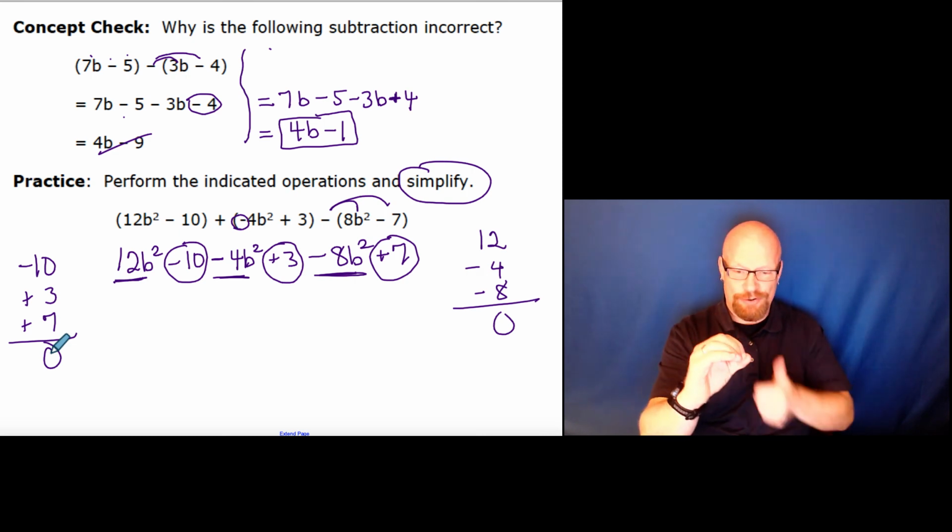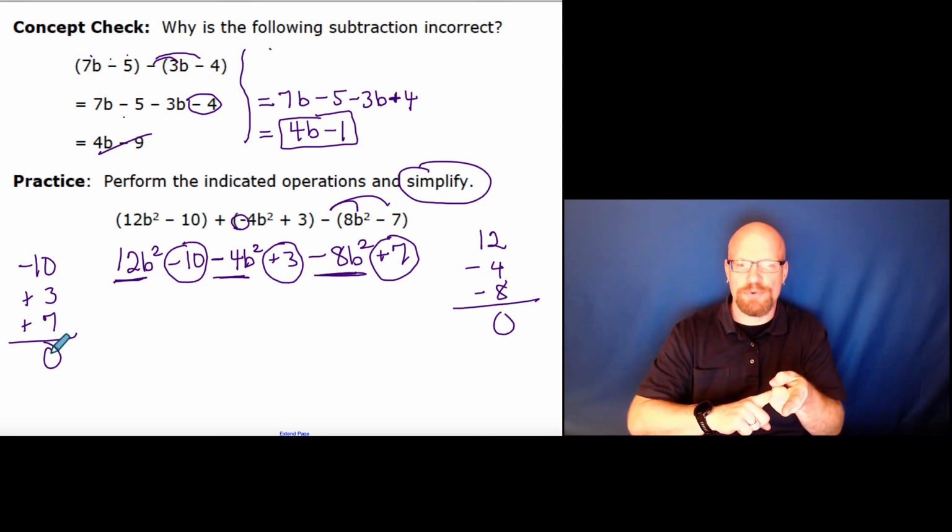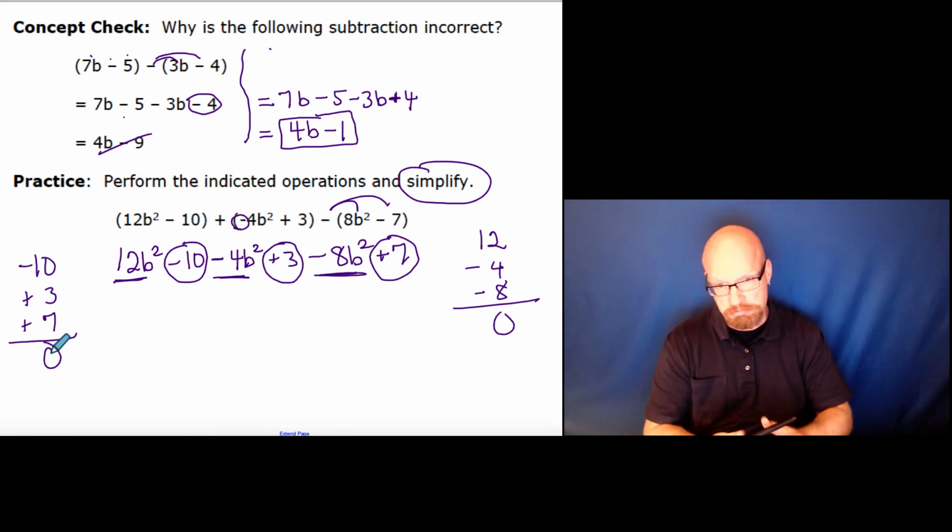No, it's not nothing. 0 is a number. It is a value. So you put down that your answer is 0.